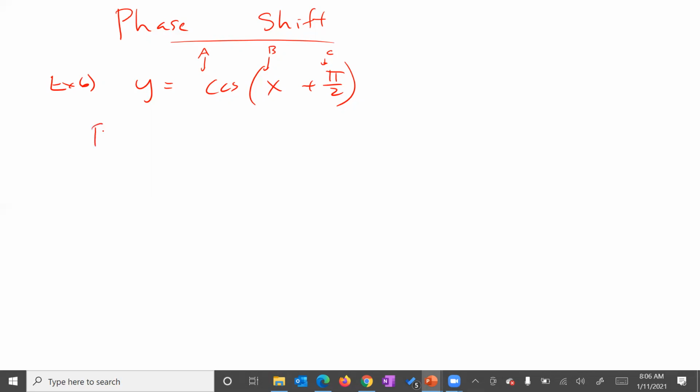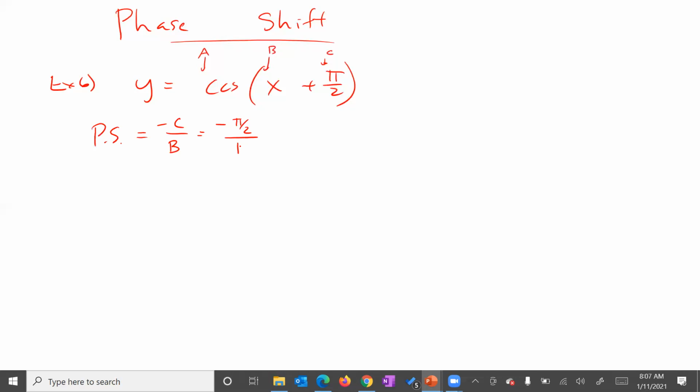So phase shift, I'll just call PS, is just going to be negative c divided by b. How come the negative? Good, yeah, inside the formula itself, it's going to be opposite. This one's the easy one, of course, so negative pi over 2 divided by 1.